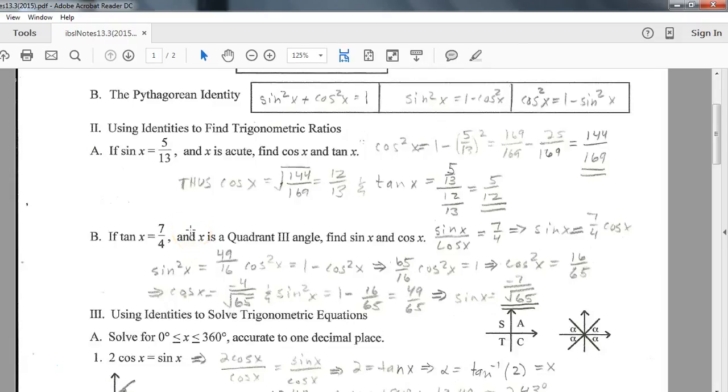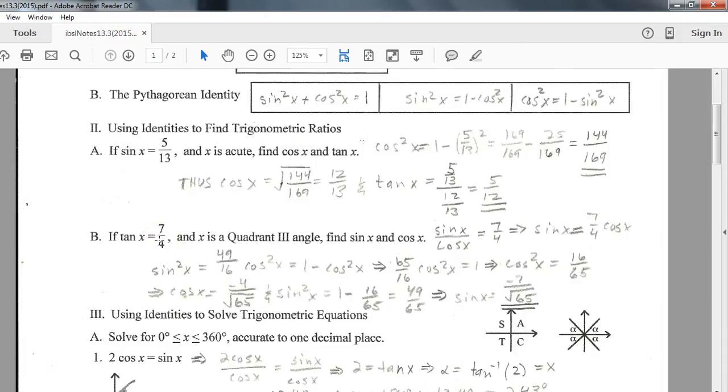Right here it says tangent of x is 7 over 4, and is a quadrant 3 angle. You got to keep in mind why they're telling you that. They're telling you that so that you get the signs correct on your answer, whether they're positives or negatives. If they tell you that it's in quadrant 3, so keep in mind that tangents are positive in quadrant 3.